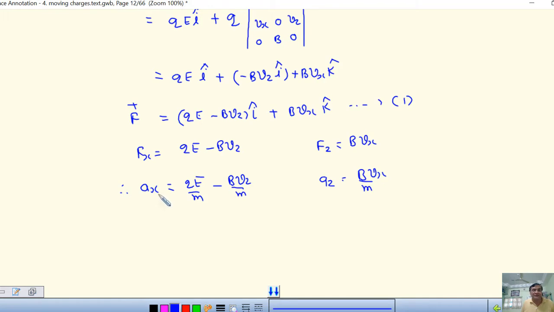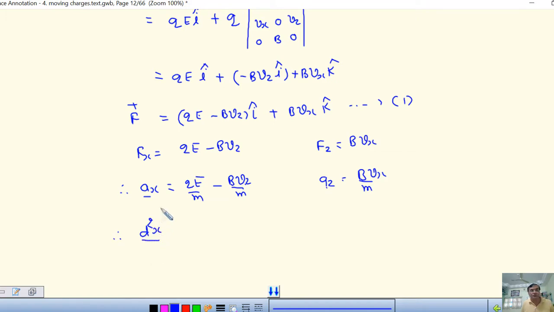Now the problem is that here ax is dependent on Vz, so I want to eliminate Vz and bring in Vx. Here we have az, and az is with Vx, so to replace Vz I convert this into az by differentiating. So I am getting this ax, which is nothing but the second differentiation of position.